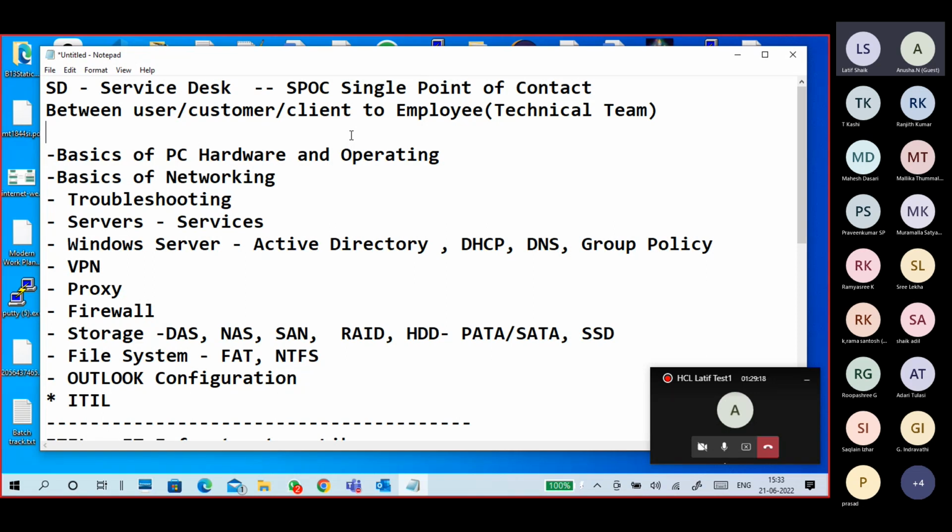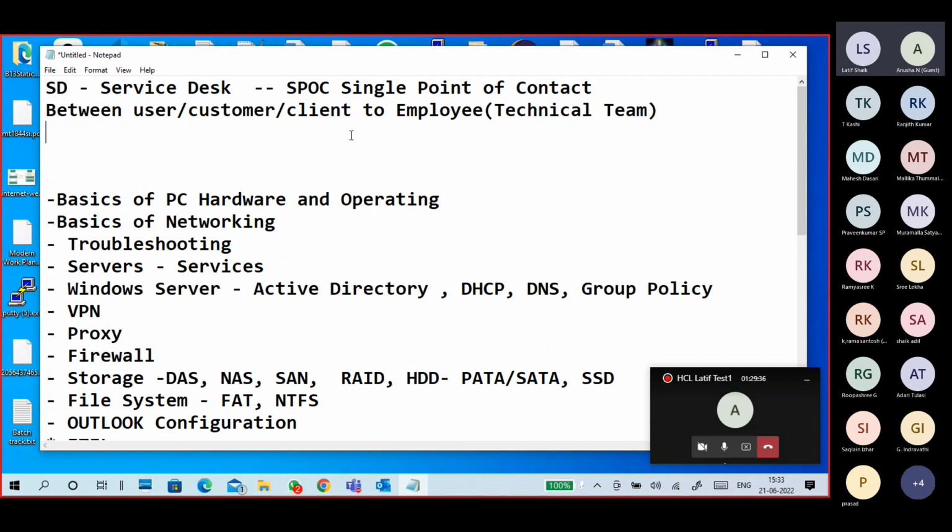Understand whether it is an L1 issue or L2 issue, and escalate to that level only. If you are an L1 candidate, you have technical knowledge and you will fix the issues. L2 compulsorily has to fix it. L3 is the designing side only, a very higher side. L4 is also there.